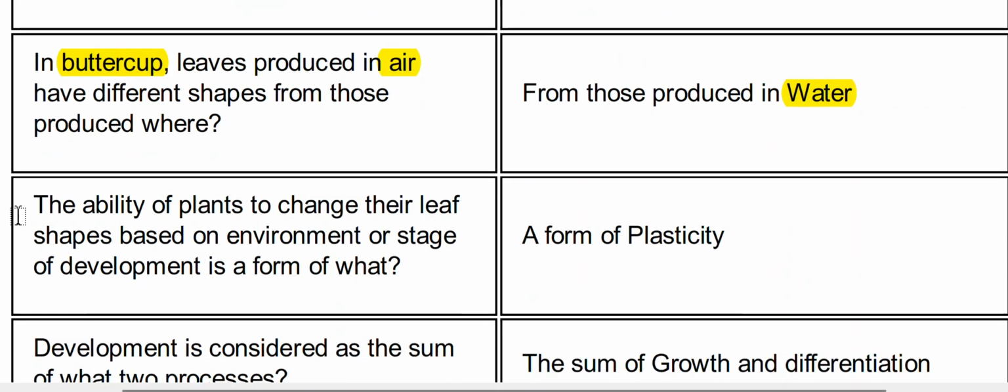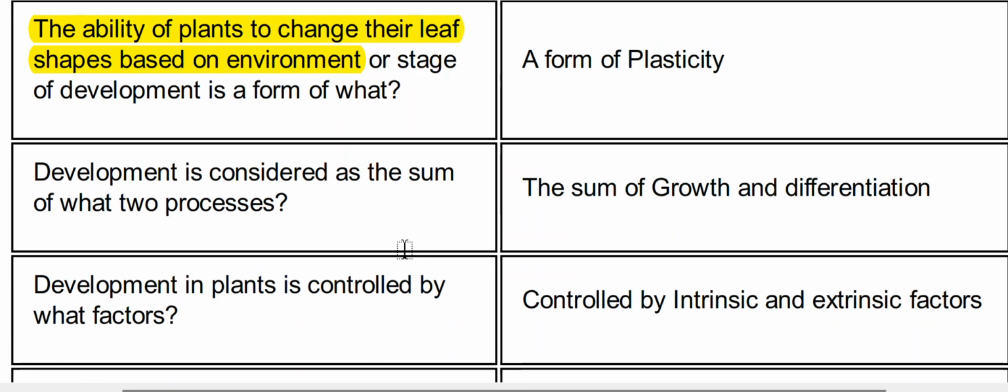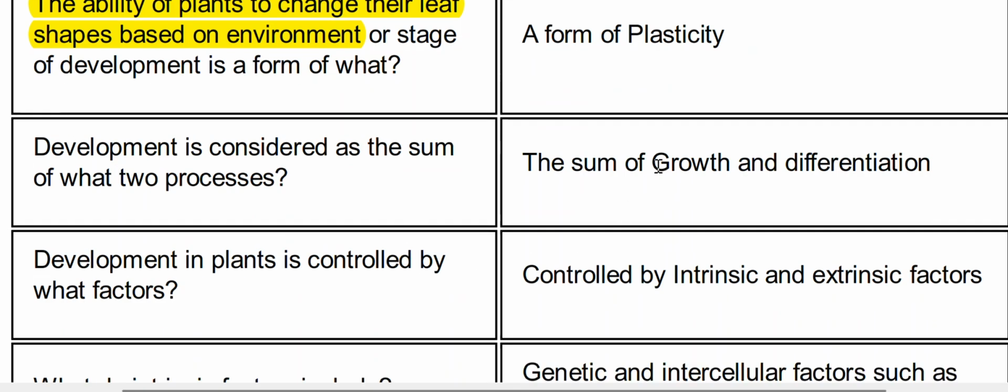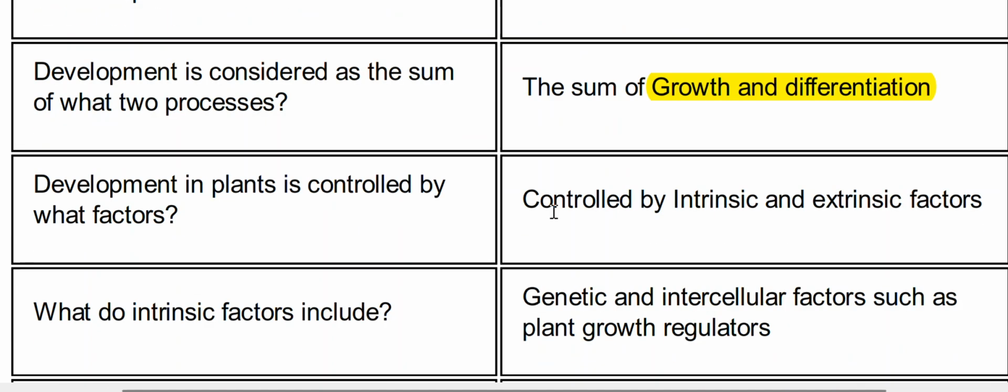The ability to change leaf shape based on the environment is called plasticity. So growth and differentiation are a very important parameter for growth. Without considering growth and differentiation, we cannot monitor the growth parameters.